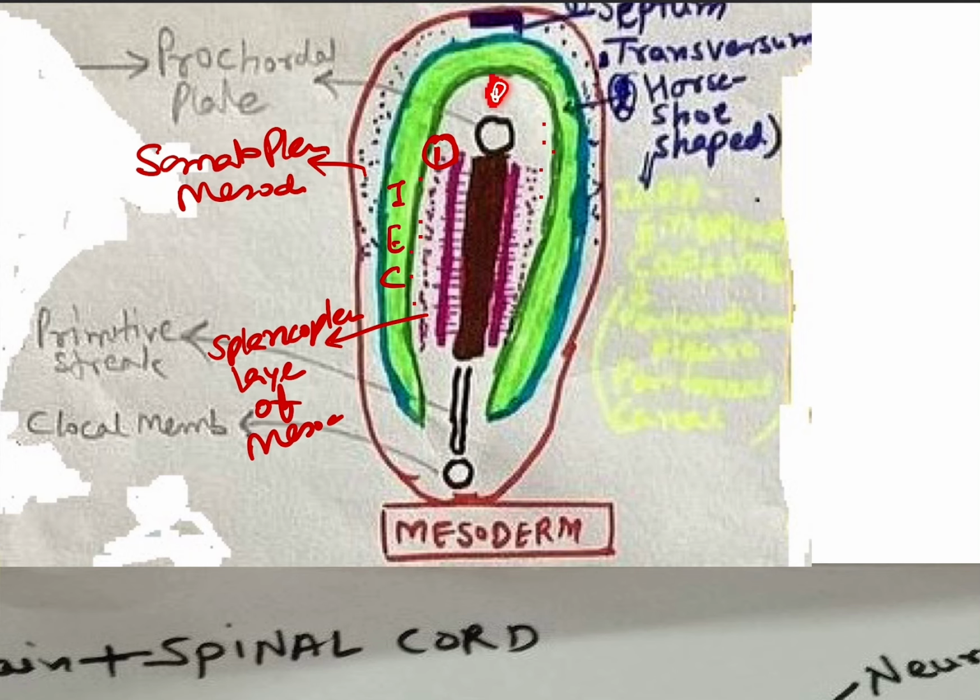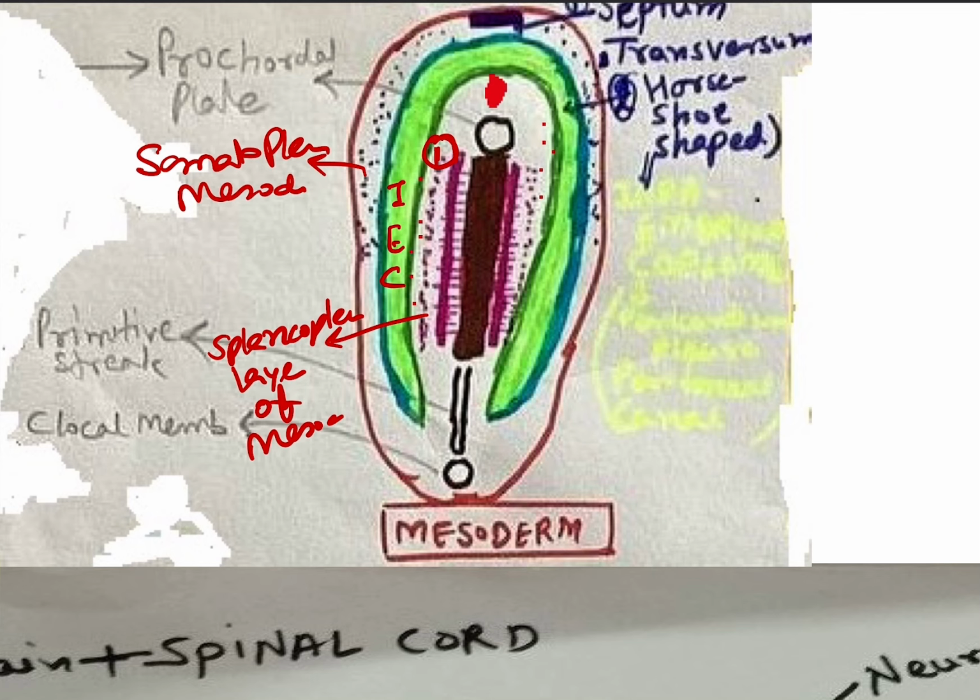I repeat again, cranial to the oropharyngeal membrane or prochordal plate or buccopharyngeal membrane, mesoderm will form the heart tube, and cranial to this, the coelom will form the pericardial cavity, and the cranial-most part is this septum transversum.